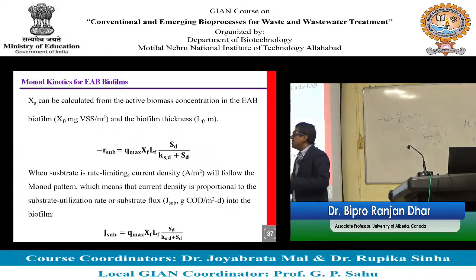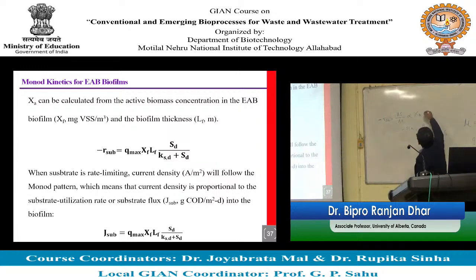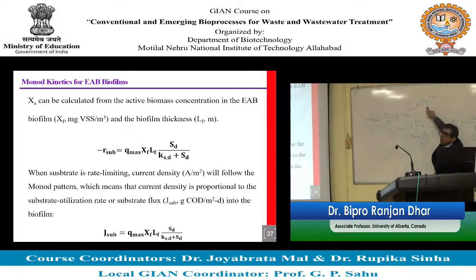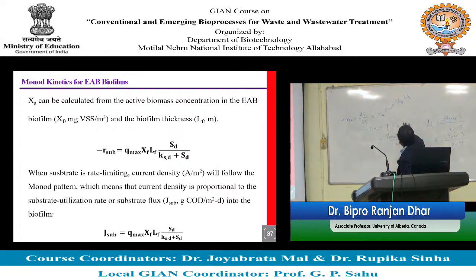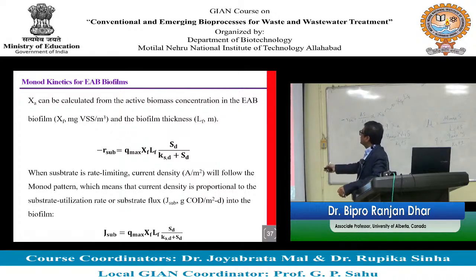So XA I can replace with XF times LF, where LF is the thickness of the biofilm and XF is the concentration of EAB biomass. Make sense? So I did that here, XF, LF.